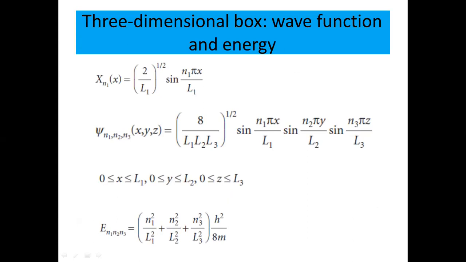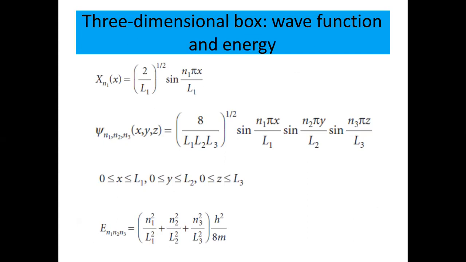So this is all about the particle in a three-dimensional box, and we have covered the movement of the particle in great detail when it is moving along the x-axis, y-axis, and z-axis.